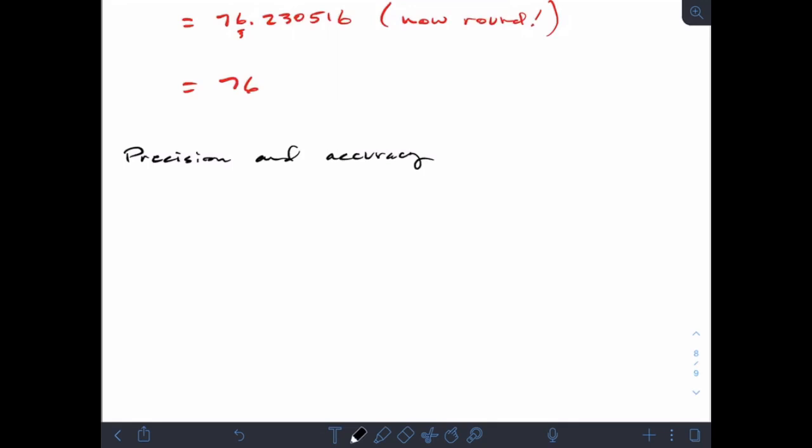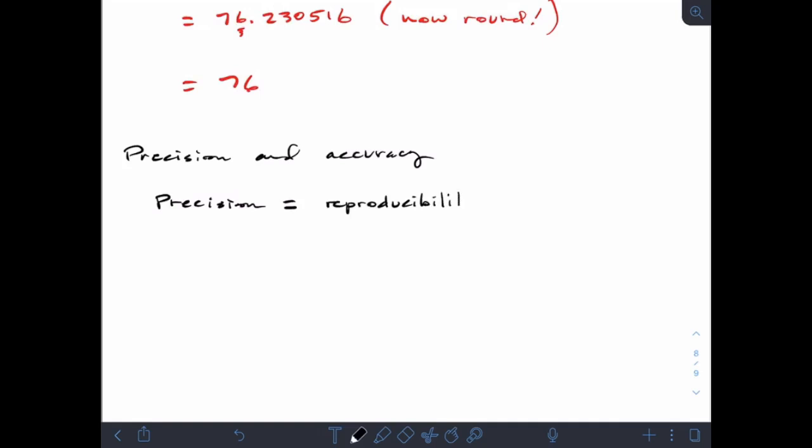Right? So this is important for lab because precision and accuracy are 2 different things. So precision, when it comes to doing things with measurements, is roughly analogous or synonymous really with reproducibility. Right?